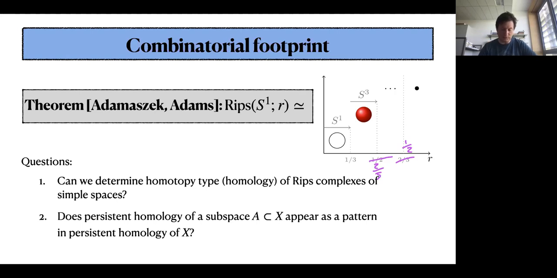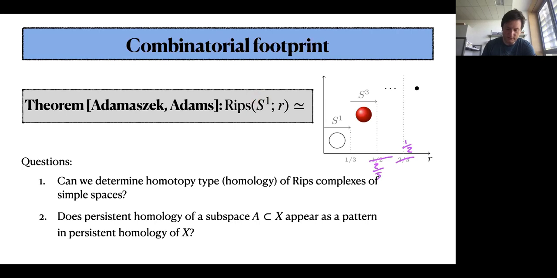And then the second question that actually leads to a footprint is, all right, suppose you have a simple subspace, let's say a closed geodesic, which is an isometrically embedded geodesic S1 in your space.